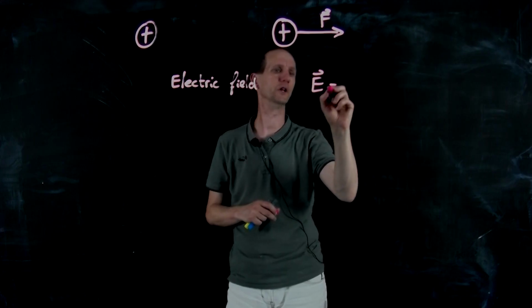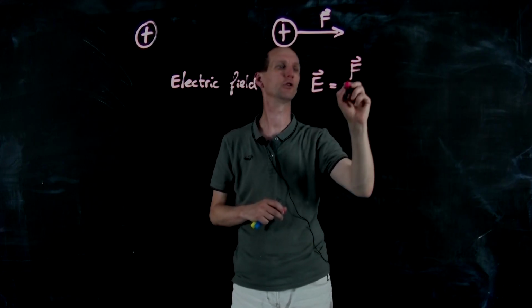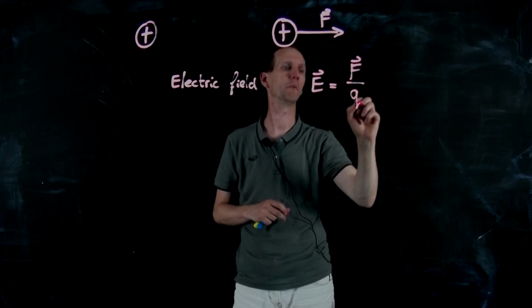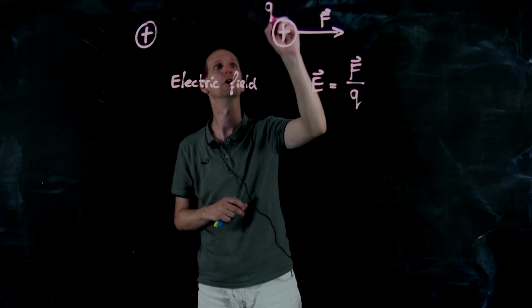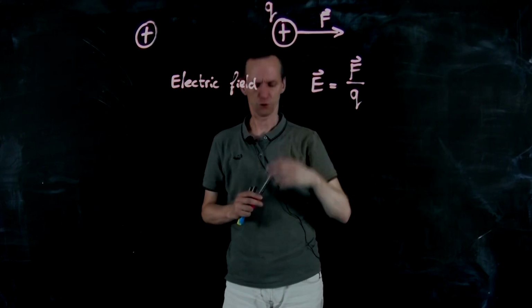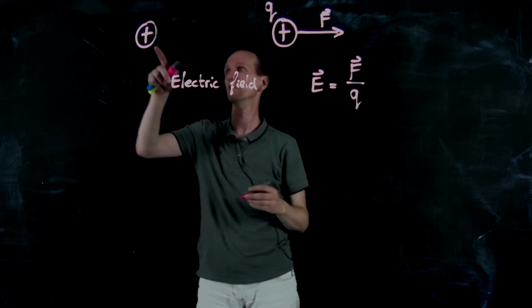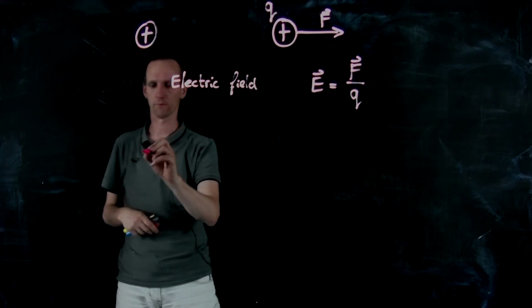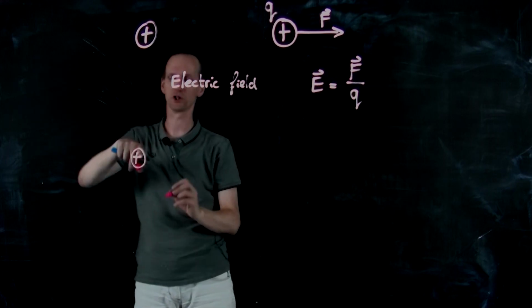And the electric field E is given by the force on a particle divided by the charge of that particle Q. So in this case, it's the charge of this particle Q. From Coulomb's law, for a point charge, I draw this point charge here again.